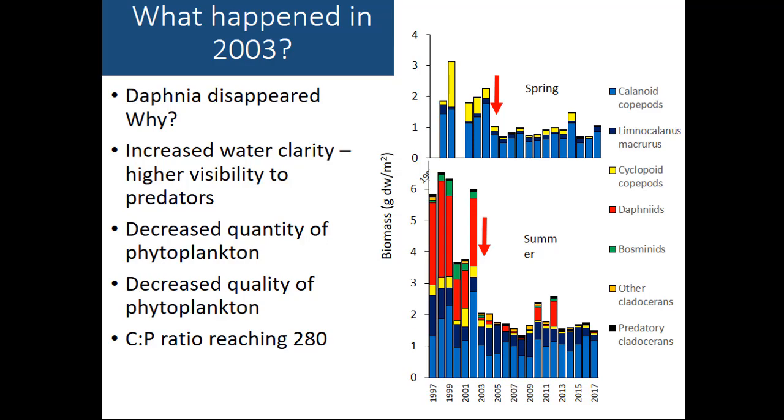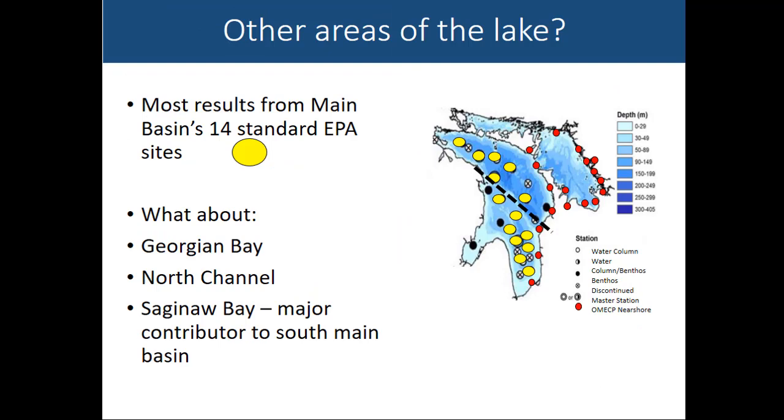And in Lake Huron, I've seen this creeping up over this time period. I should have plotted that, to now being at the levels which limit Daphnia reproduction. So I think it's both decreased quantity and decreased quality of the phytoplankton, which we can measure with the ratio between carbon and phosphorus.